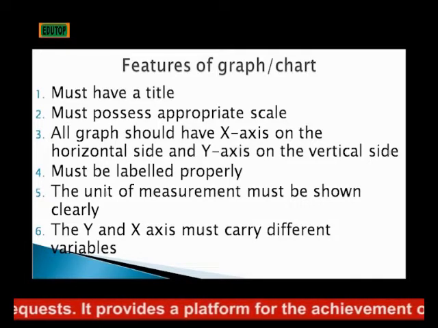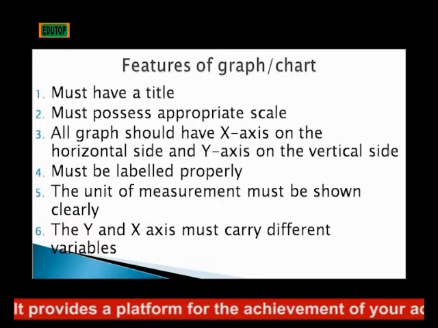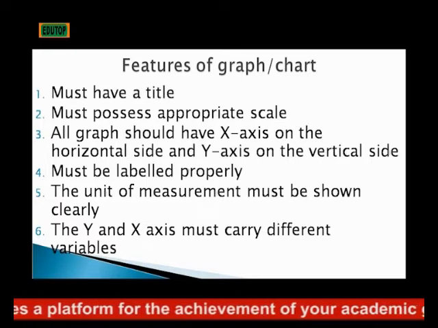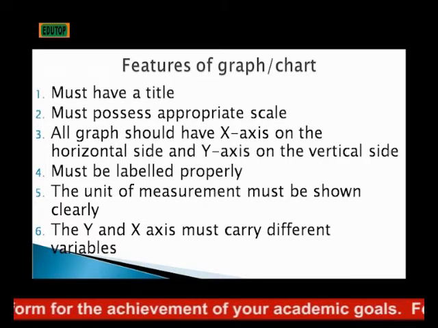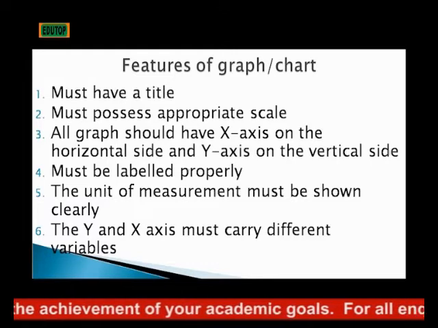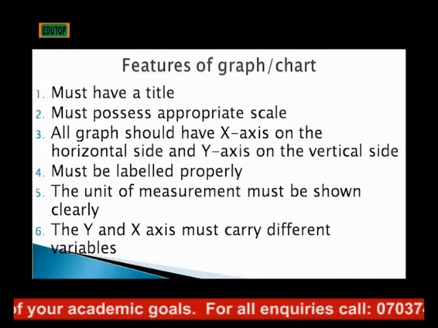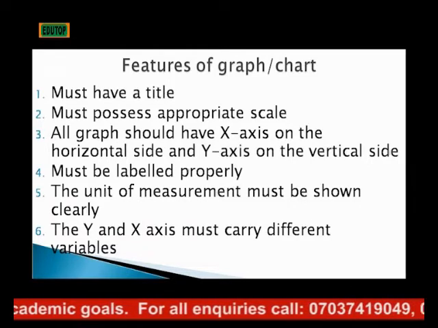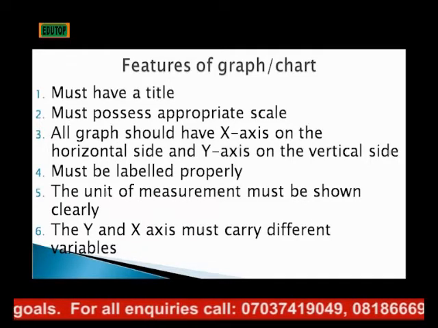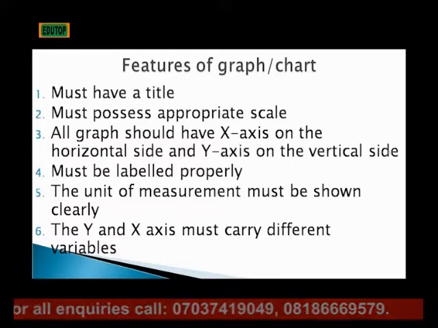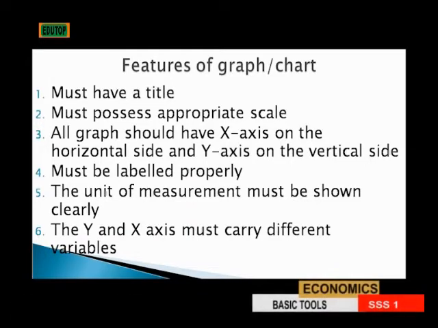Then all graphs should have x-axis on the horizontal and y-axis on the vertical side, because we are comparing 2 variables. So one variable will be on the y-axis, which is vertical, and the other variable will be on the x-axis, which is horizontal. Then it must be labeled properly.